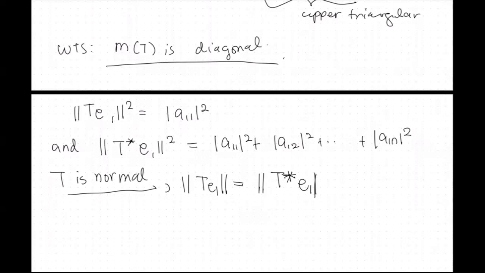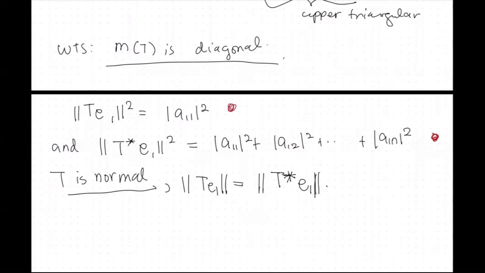Okay, we can apply this over and over again until only the diagonal is non-zero. These two equations give us all the entries in the first row of the matrix.